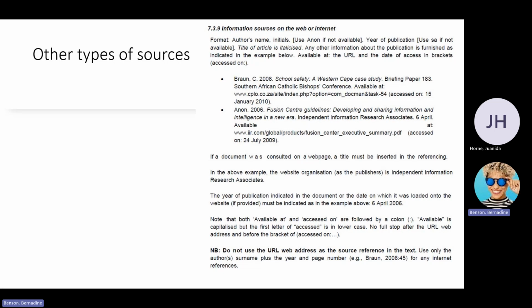Rule of thumb, be consistent. Okay, look also how the date is done. Accessed on, colon, space, 15 January 2010, close bracket, full stop. And then accessed on, I don't have an available at example, but the date is then in the same format.